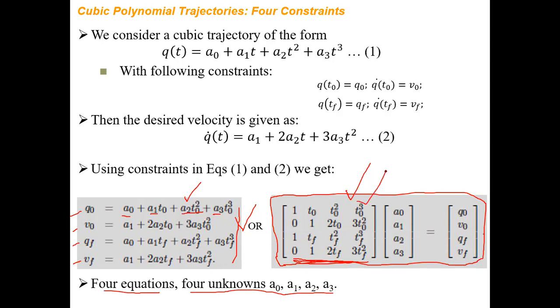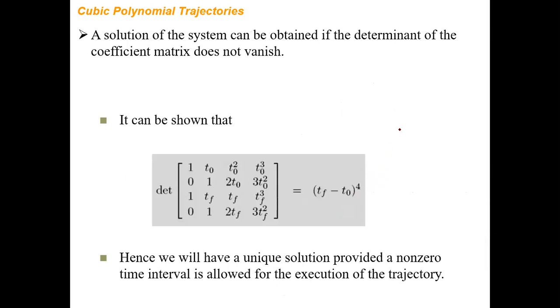Again, that's the condition. So let's check whether the determinant of this guy is non-zero. If you find the determinant, you happen to find that the determinant equals (TF minus T0) to the 4. So is this guy 0 or non-zero?